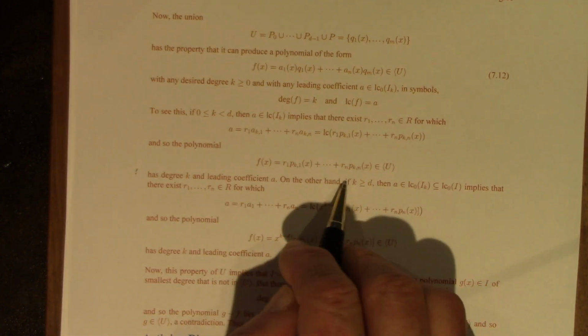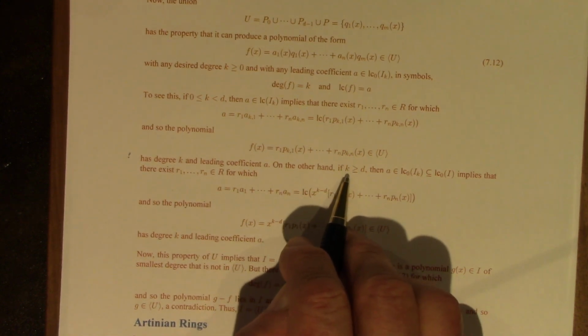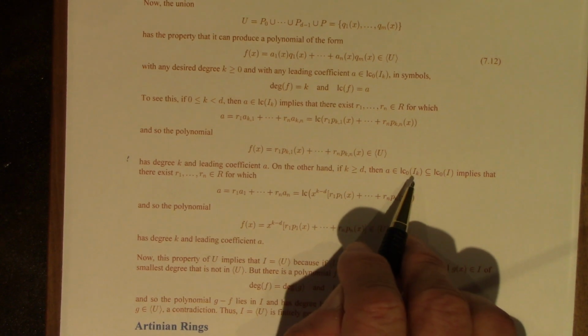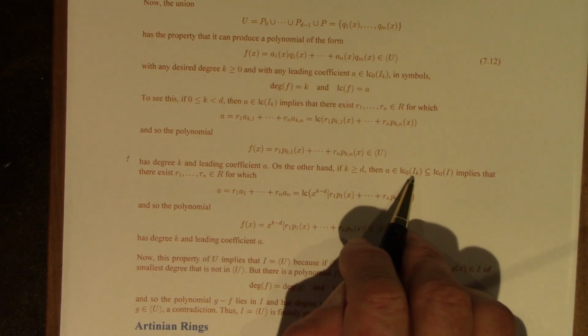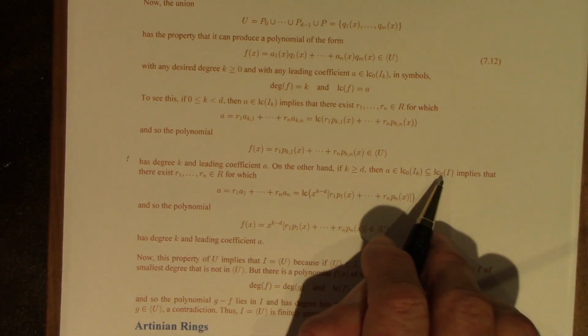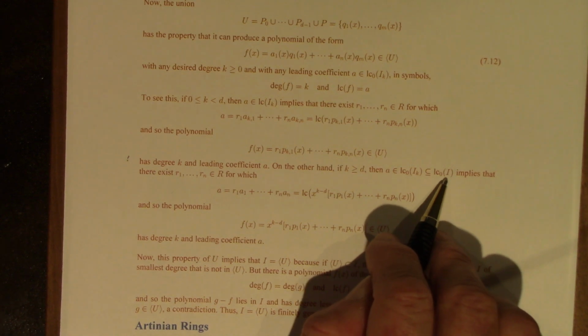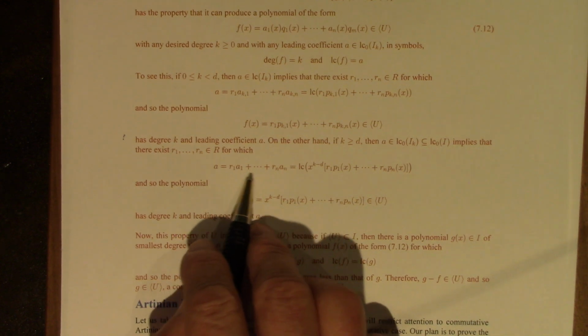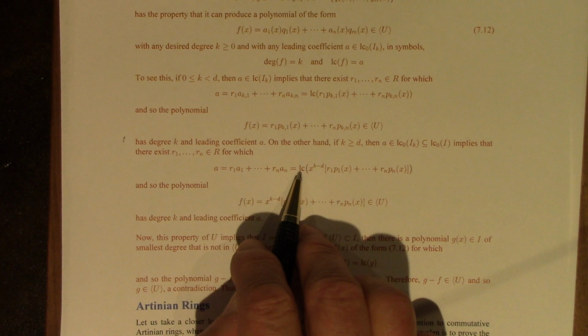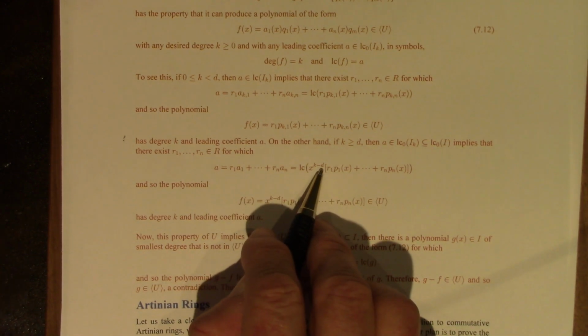On the other hand, if k is bigger than or equal to d, then a belongs to whatever leading coefficient ideal we've chosen, but that's the leading coefficient of a polynomial in I, so a can be expressed as this linear combination, which is the leading coefficient of this polynomial. Notice the x to the k minus d.